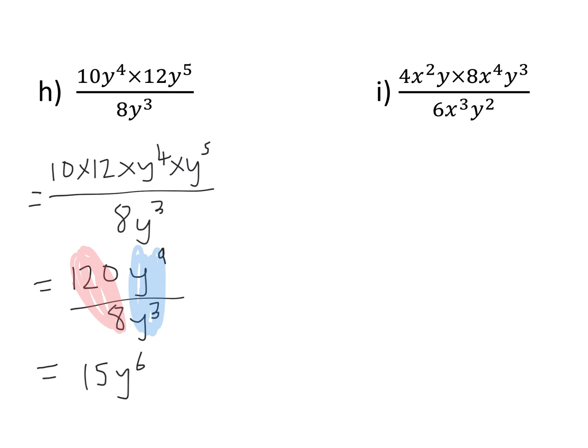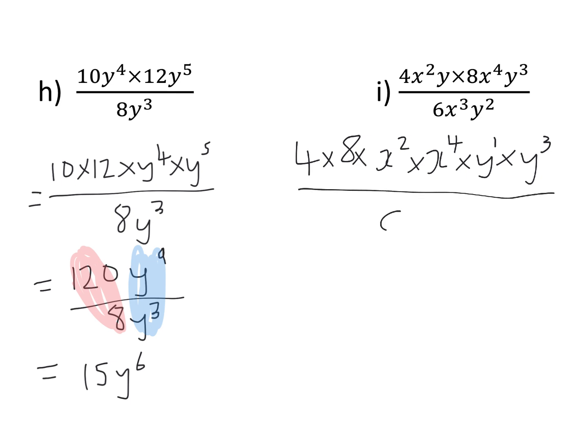Do the same thing in I. So reorder it. 4 times 8. I'll bring the x's together, x squared and x to the 4. And then the y's, that y's got no power. Earlier I said sometimes it's good to have one. I'll put a 1 there because that's what its power would be.